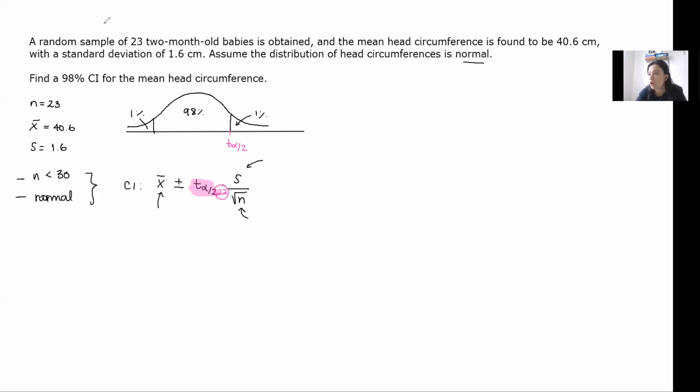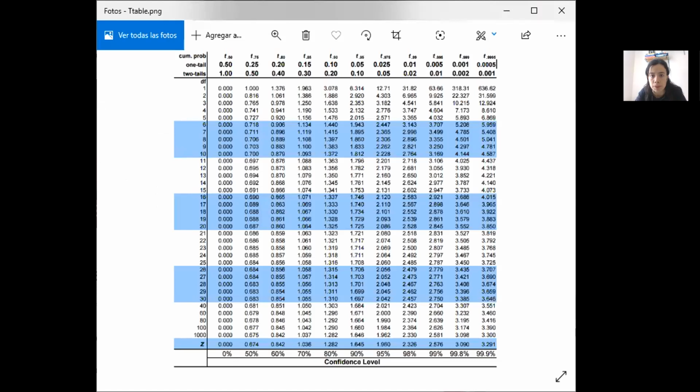We're going to look at the T table, the table for the T distribution, which is this one over here. I know that I'm trying to chop 2% in total, right? So 2% from both sides.